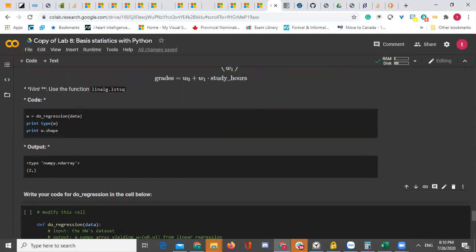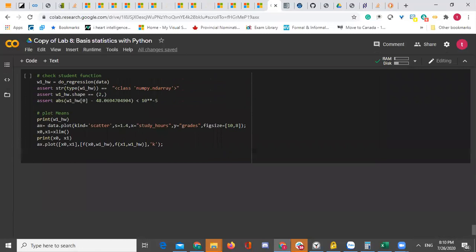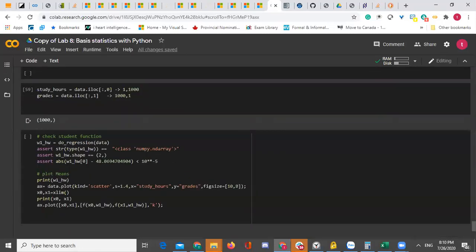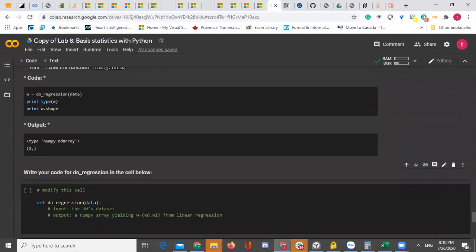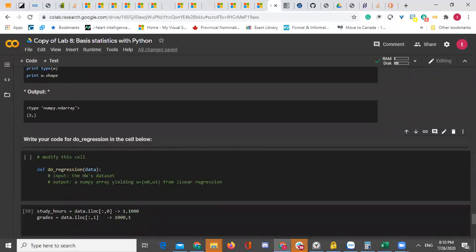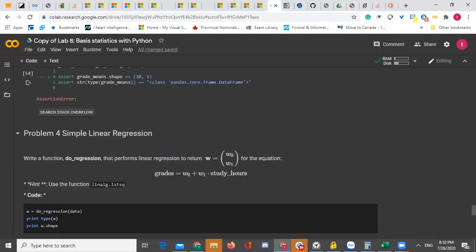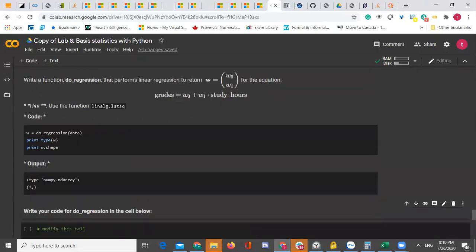I just don't know what else I need to do next. Okay, what you need to do next is to generate the matrix M of having the first column ones and in the second column the study hours of the student. Oh, okay. So what I have to do is like your method that you showed me just now, right? You can use this method and look for another one.